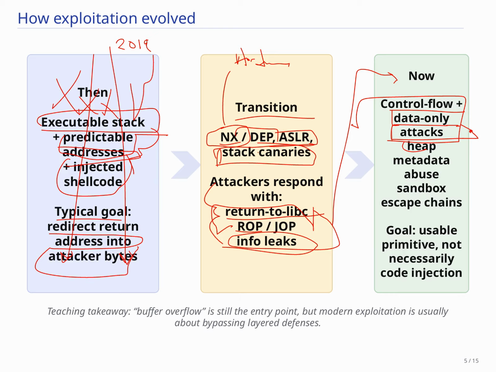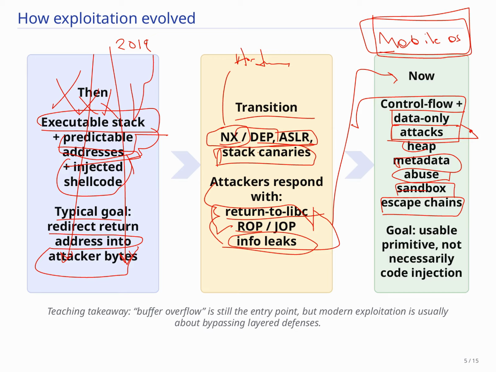Also, heap metadata abuse and sandbox escape chains are currently used, and these are mostly again related to the mobile operating system. So why the mobile operating system? Because mobile user information is right now always more valuable than the desktop operating system, where maybe you have several ways to defend.